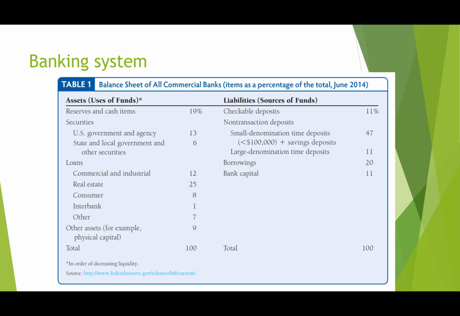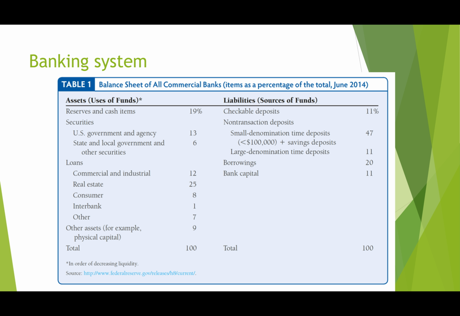Commercial banks often call their balance sheets the deployment of funds, because if you look at the right hand side, those are the sources of funds. That's where the bank gets its money from.